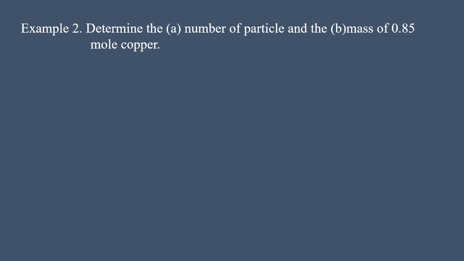Determine A, the number of particles, and B, the mass of 0.85 mole copper. Remember your number of mole. Number of mole can be calculated by dividing the mass in grams of the substance over the atomic mass if it is an element, and molar mass if it is a compound.